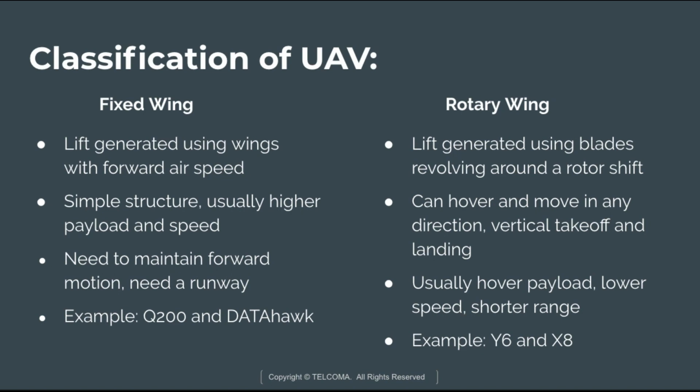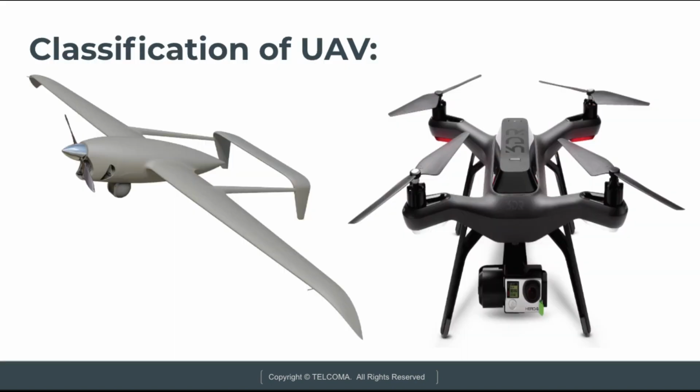Whereas rotary wings usually hover, have a lower payload, lower speed, shorter range, and don't require a runway. Examples of fixed wings are Q200 and Datahawk, whereas examples of rotary wings are Y6 and X8. So this one is the fixed wing drone, and this one is the rotary wing drone.